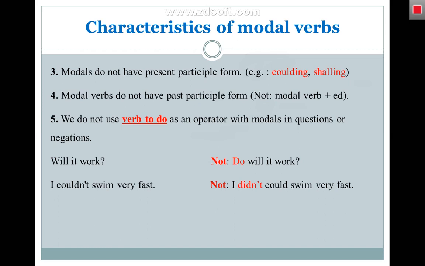"I couldn't swim very fast", you do not say "I didn't could". For example, if you have the sentence "I can sing beautifully" and you want to negate it, you say "I can't". You do not say "I don't can". Right?